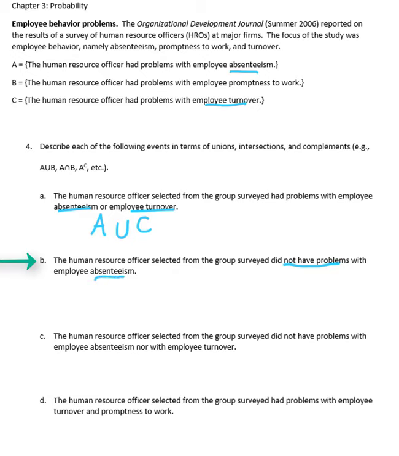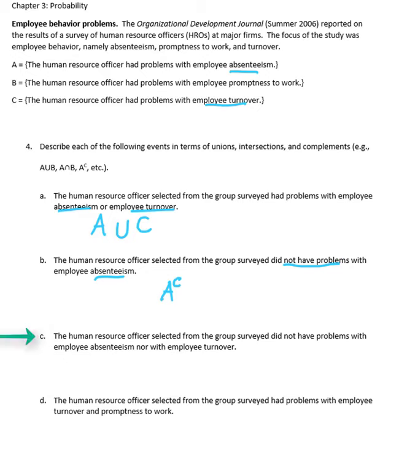So the word not indicates the complement of an event. So we are looking for the complement of absenteeism. Absenteeism was event A. So the complement is A superscript C.